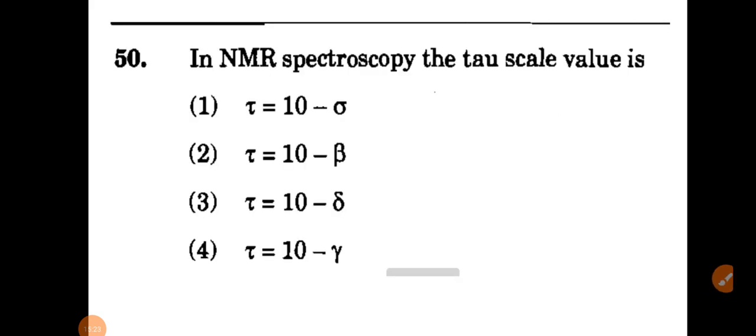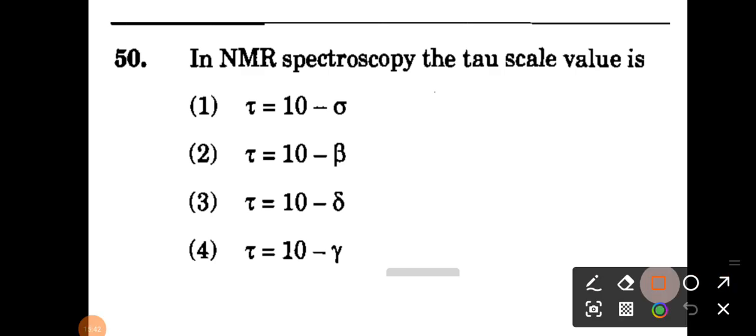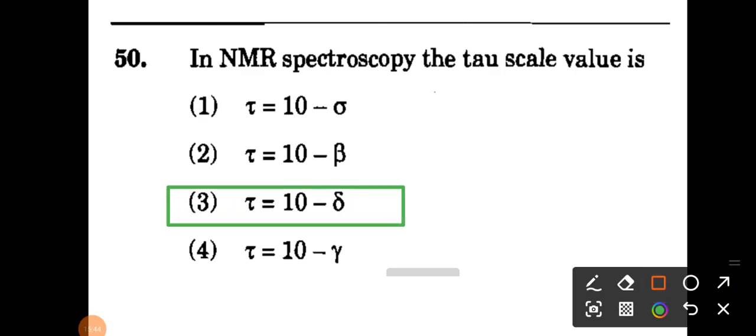Again, in NMR spectroscopy, the tau scale value is? Here the options are 10 minus sigma, 10 minus beta, 10 minus delta and 10 minus gamma. There is only one symbol that is very relevant to NMR spectroscopy, and that is delta, because alpha, beta, gamma are not used in NMR spectroscopy.